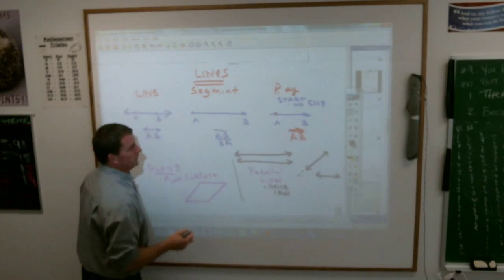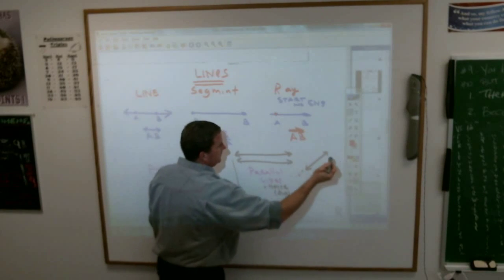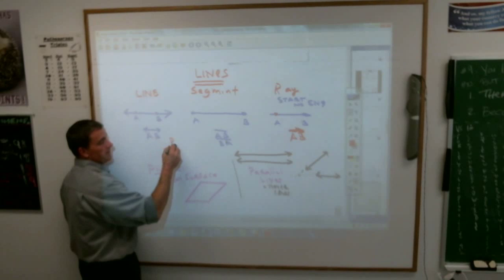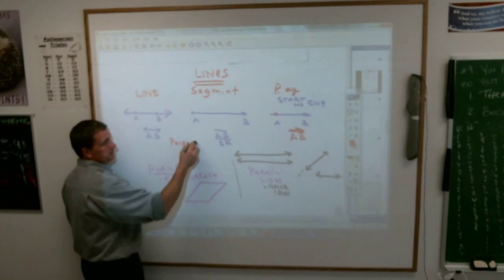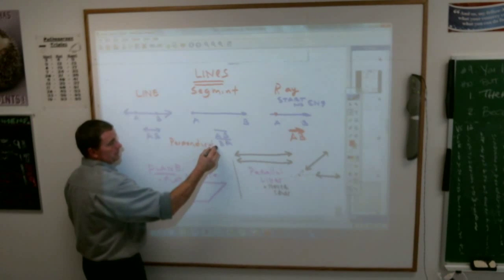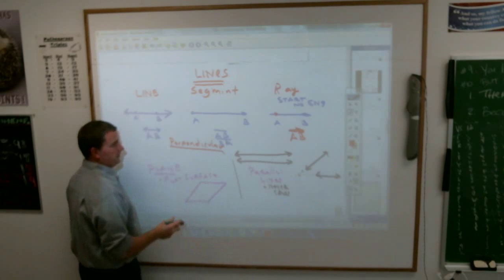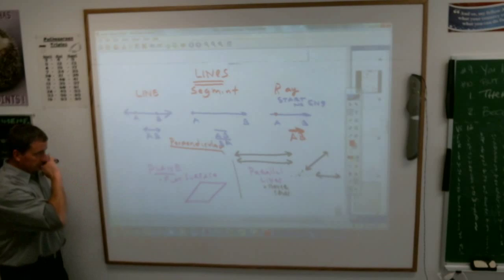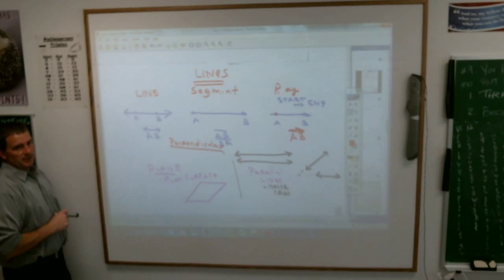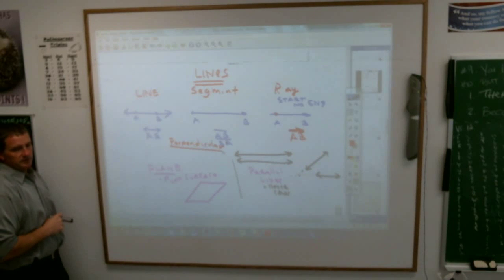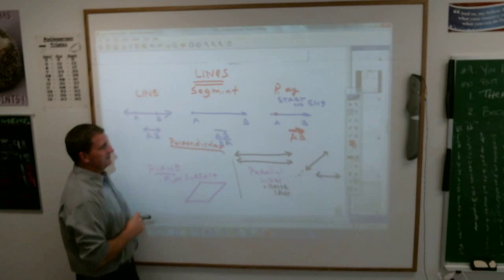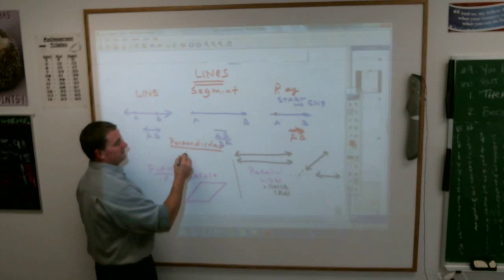How about perpendicular? What does perpendicular lines mean? For example, if you ask somebody how they are and they tell you, well, I'm still perpendicular, what does that mean? Brooke? They cross and form a 90 degree angle.